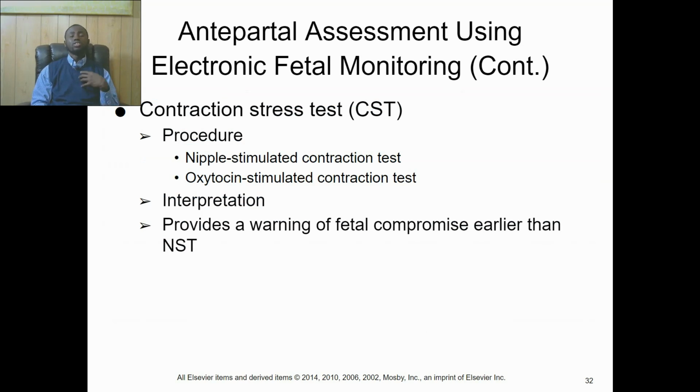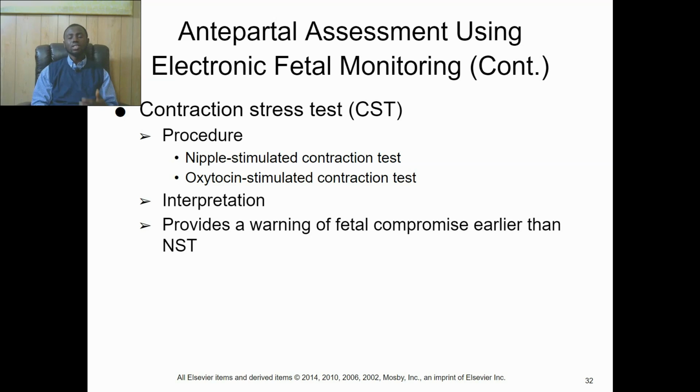If a non-stress test is unsatisfactory, non-reactive, or if it is satisfactory but the provider wants more concrete information or assessment, then a contraction stress test is going to be ordered.